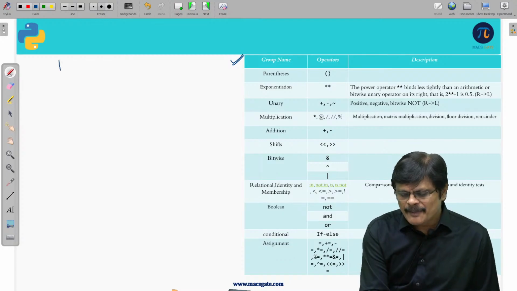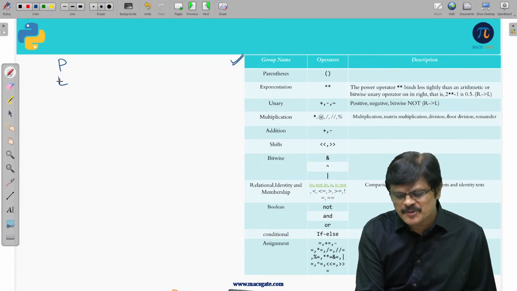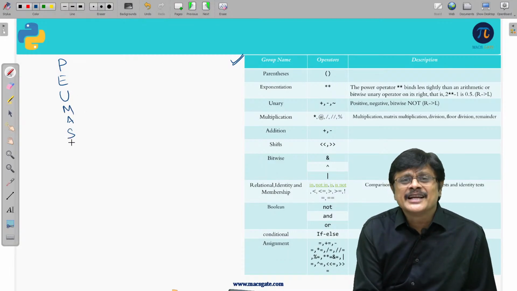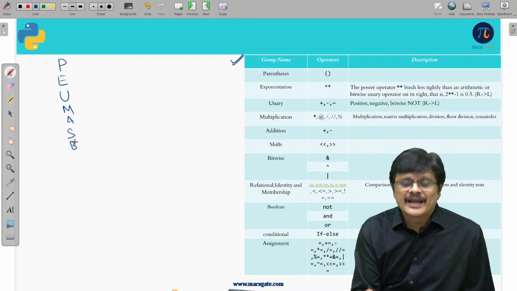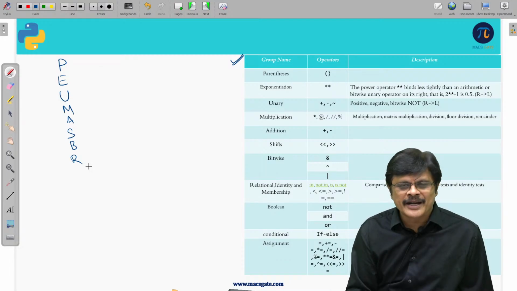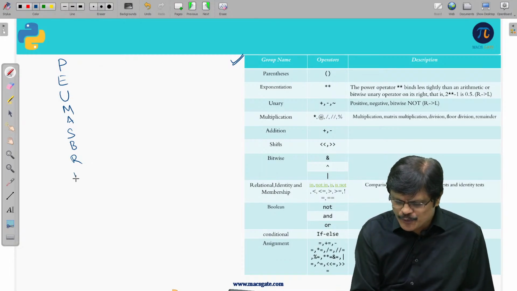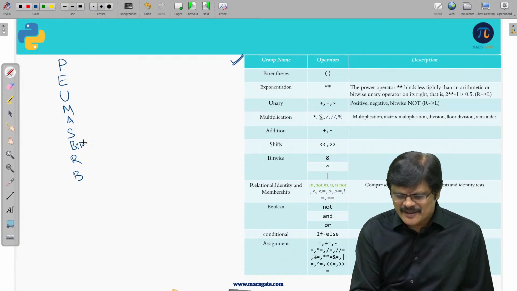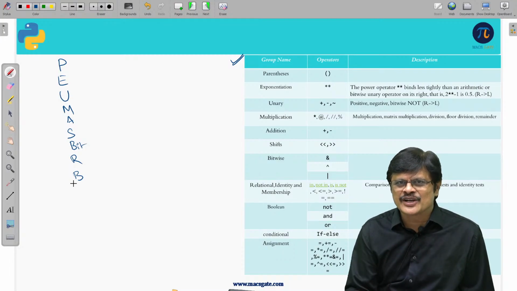Please note that parentheses have higher precedence than exponentiation. Then we have unary operators followed by multiplication and addition, then shift operators. Then we have bitwise. Then after bitwise we have relational operators, identity and membership operators, then boolean operators. There are bitwise operators and boolean operators, and actually people also call them logical operators.